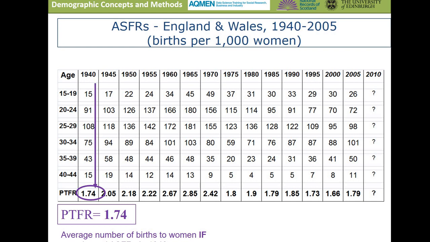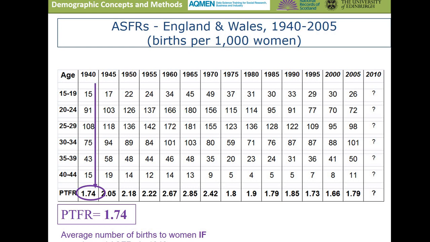We need to multiply by 5 because they're 5-year rates, and divide by 1,000 because they're rates per 1,000. But indeed, we get a period total fertility rate in 1940 of 1.74. So this is the average number of births to a woman if she experienced the age-specific fertility rates in 1940 that were in place in that year.